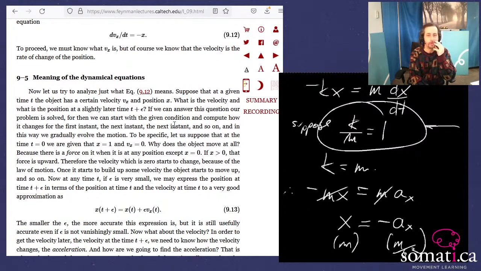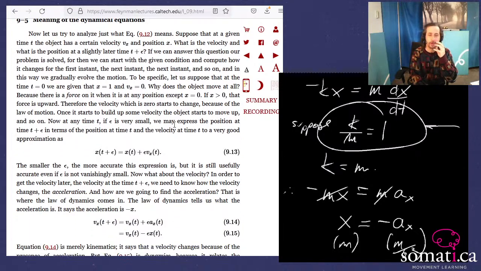So we're trying to analyze what this equation means. The acceleration is negative x. Suppose that at a given time, it's got a velocity and a position. What is the velocity? What is the position after an increment?